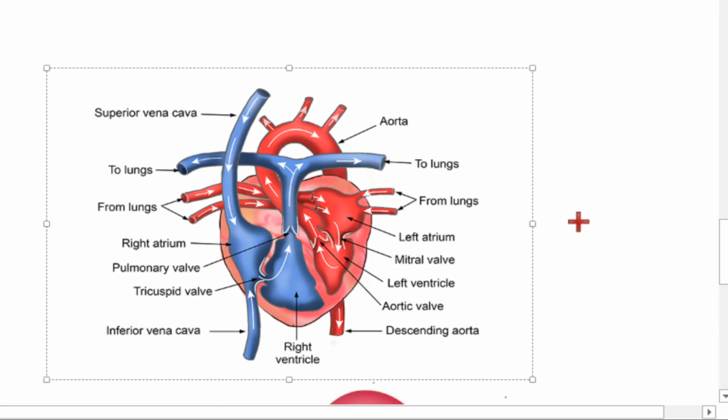Okay, so that's about the heart, the internal structure, and how the blood flows through it, and all the different valves that are present in it, and all the different vessels that come to the different chambers of the heart. Please draw the diagram and learn all of the new terms that you have come across. Okay, so that's about it.